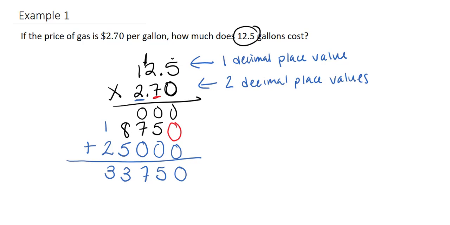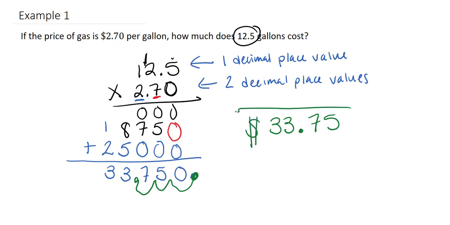So we need to move the decimal over 3 spots. Let's do a different color. So we have it here. We move it over to the left. So we go 1, 2, 3. And we end right there. And so our answer is 33.75. And that's how much 12.5 gallons cost at $2.70. So this is our final answer.